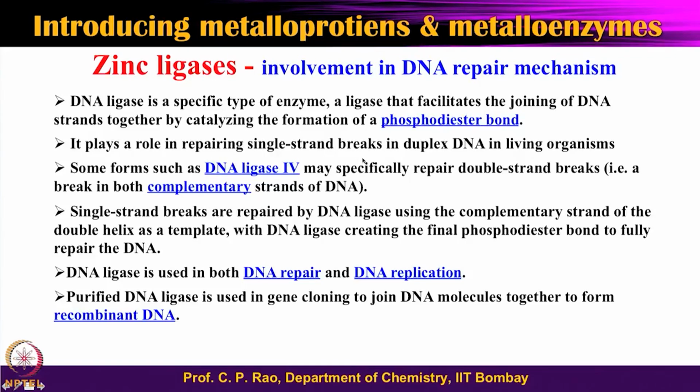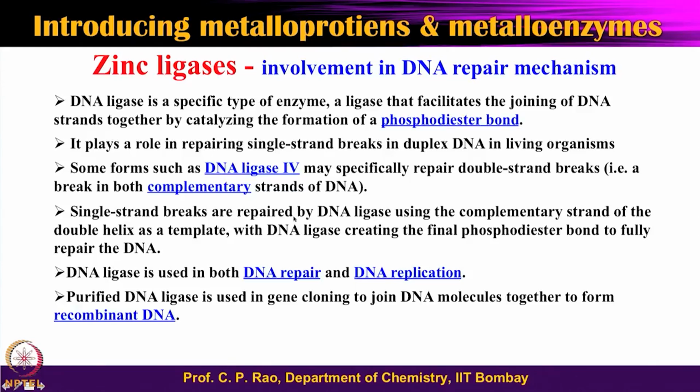It can do single strand breaks, or it can do double strand breaks, and there will be different kinds. The repair is done by the DNA ligases using the complementary strand of the double helix as a template. The DNA ligase creates the final phosphodiester bond in order to fully repair the DNA.